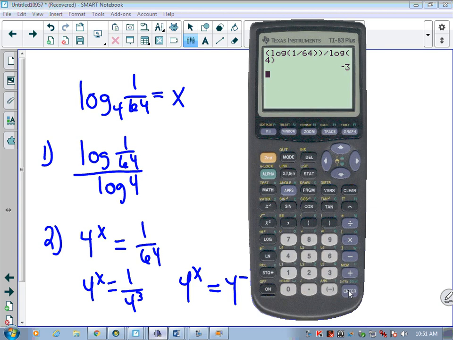I would say use your log base function, or even use number 1 with your calculator as a way to check your work for method number 2. So show me method number 2, but you can do this to check and make sure that you got the right answer. Does that make sense?